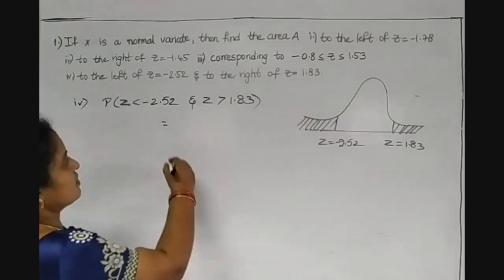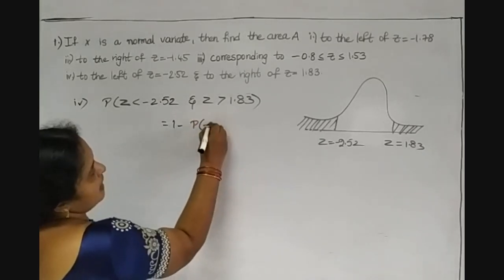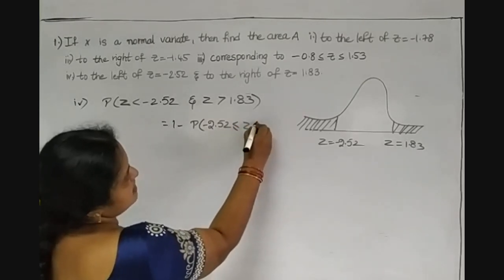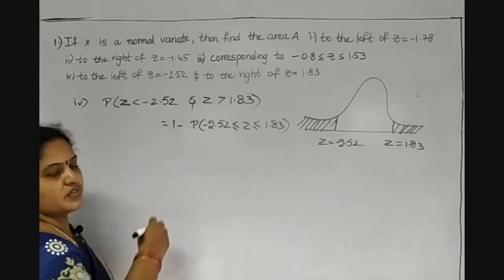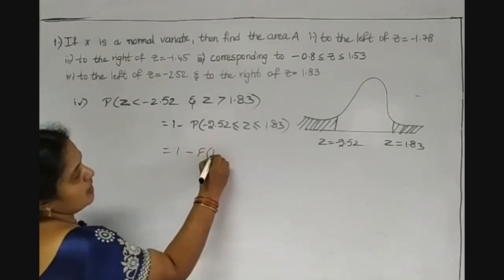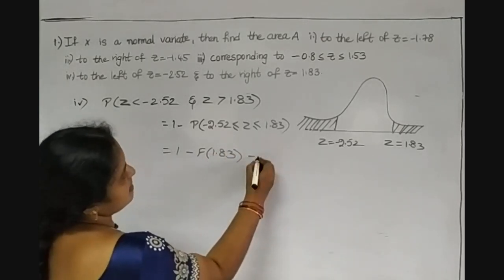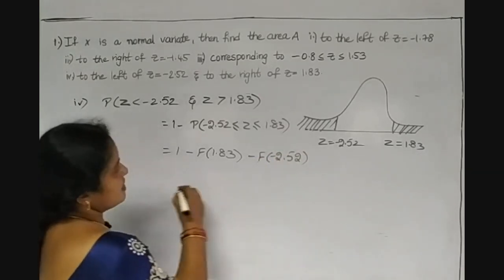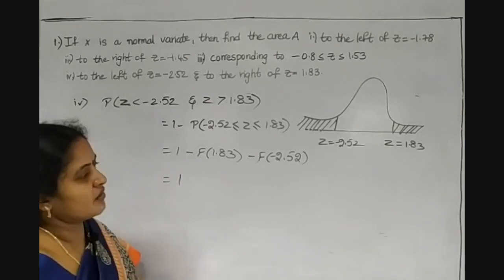So this is equal to 1 minus probability of minus 2.52 less than or equal to z less than or equal to 1.83, which implies 1 minus F of 1.83 minus F of minus 2.52.